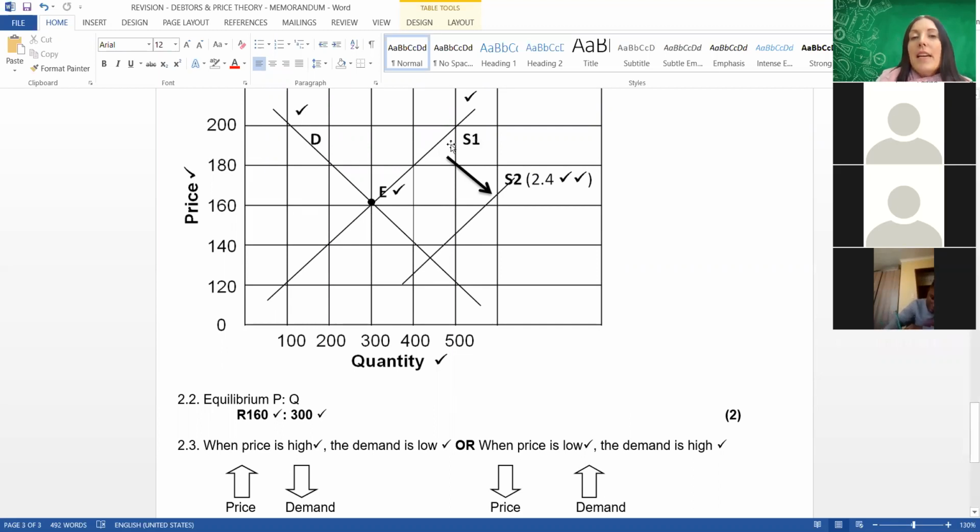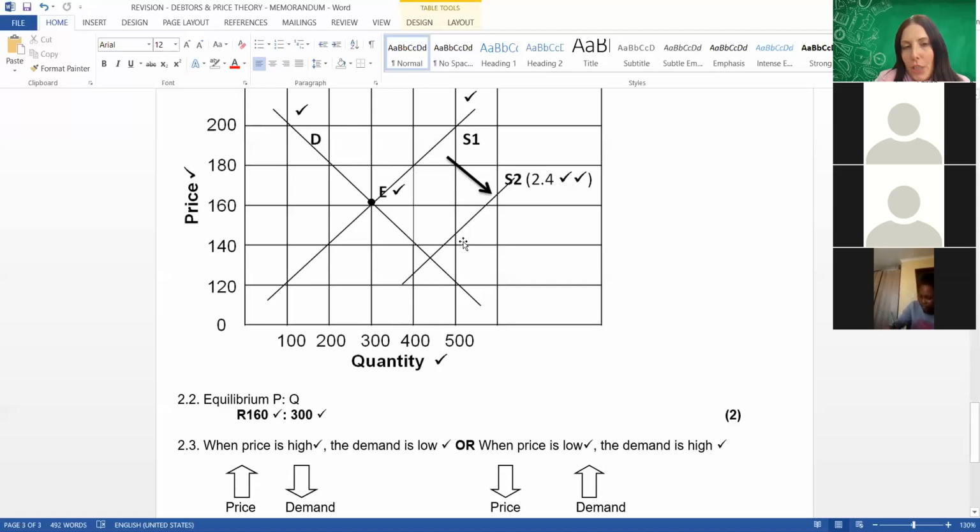So what happens? The supply curve, the normal supply curve, will move to the right. Anywhere here, if you've indicated wherever here, then it's correct. You can give yourself 2 marks as long as you've indicated that the supply curve moved to the right of your original supply curve.